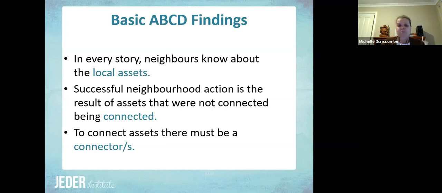But successful neighbourhood action comes from when we connect those individual things that are happening in community, when we bring them together to connect the assets, and to acknowledge that connecting doesn't happen on its own, that there needs to be a connector or connectors that build those connections and build those relationships. And those connectors should always be from within the community, not an outsider doing to community.